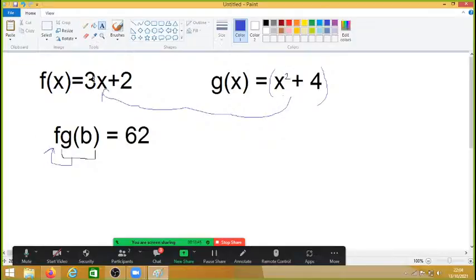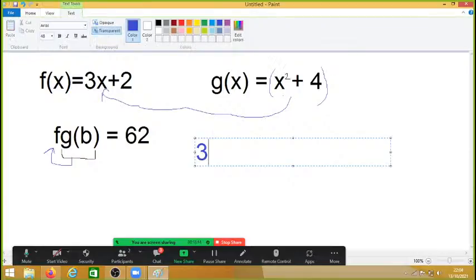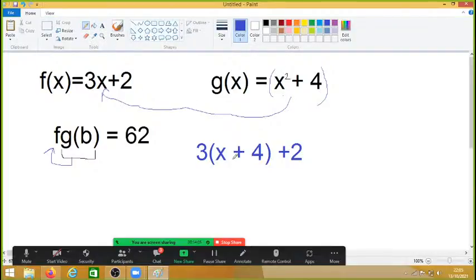Putting it into f has got a 3 at the beginning. Then comes the x, but the x is getting replaced with x squared plus 4. Then comes the plus 2. Normally you expand and simplify, but I'm just going to leave it like that at the moment.